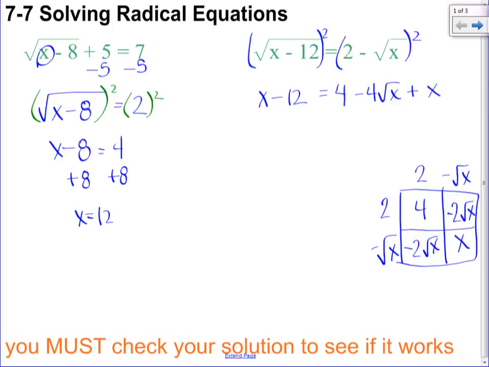There's nothing that we can combine like terms for, but we could do something on both sides of the equation. What about doing this? Because then they go away. So we've got negative 12 over here, and now we just have 4 minus 4 root x.